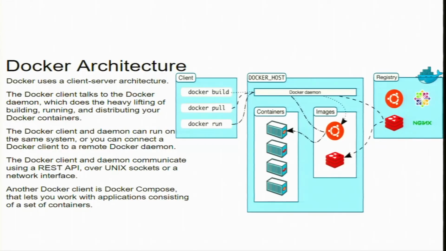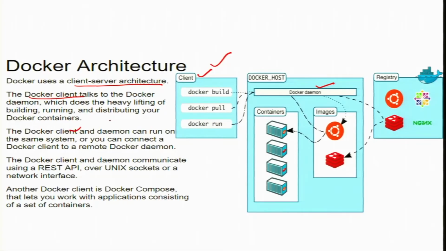Let us see the architecture of Docker. Docker uses a client-server architecture. There is a Docker client, and the Docker client talks to the Docker daemon, which does the heavy lifting of building, running and distributing your Docker containers.